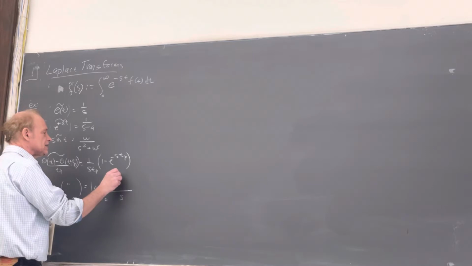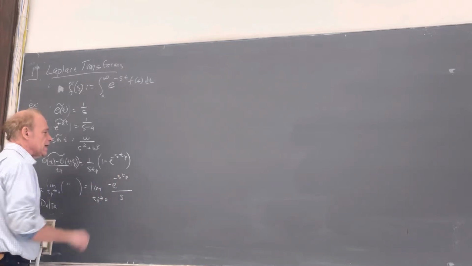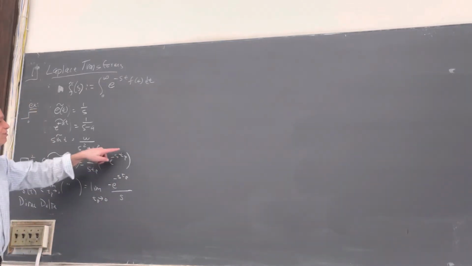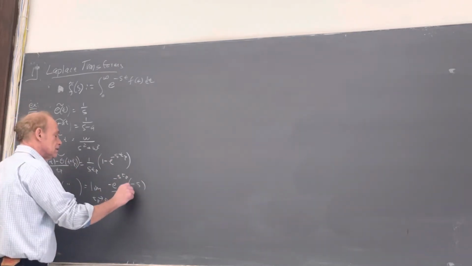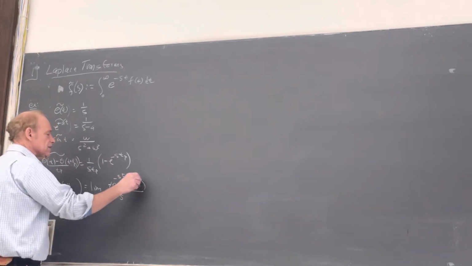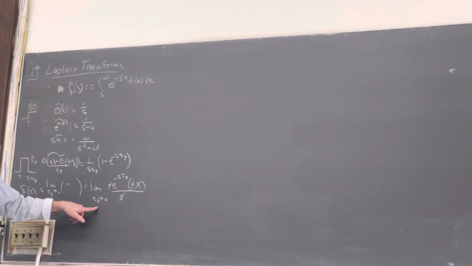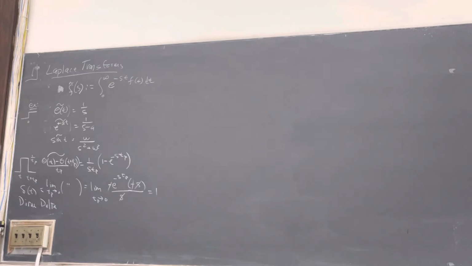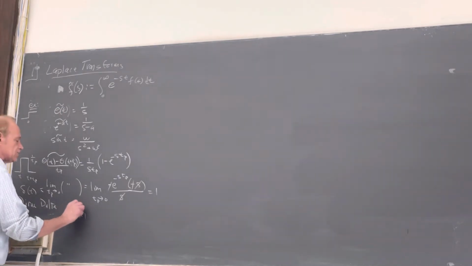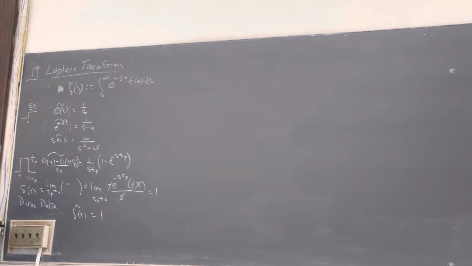I get e to the minus sTp with a minus, times the derivative of the exponent with respect to Tp, which is minus s. The minuses cancel, the s's cancel, and I take the limit as Tp goes to 0 of this, and I get 1. So I know that the Laplace transform of the Dirac delta distribution is equal to 1.